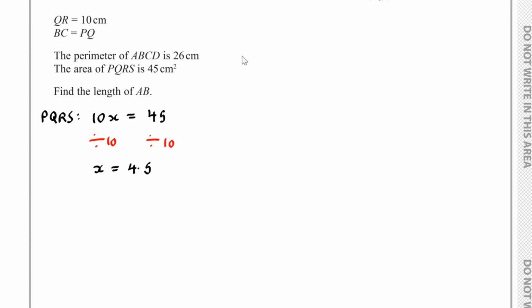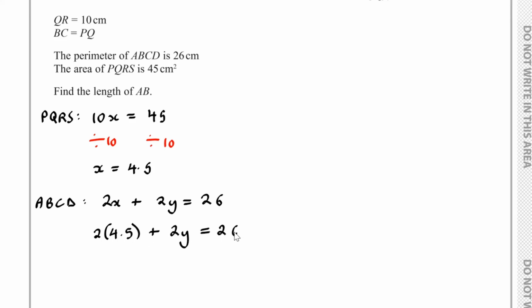And if we consider the perimeter, we know that the perimeter is equal to 26. So if we consider this rectangle ABCD, we have 2x plus 2y, that's equal to 26. So we have 2 lots of 4.5 plus 2y, this is equal to 26. So we have 9 plus 2y, which is equal to 26.